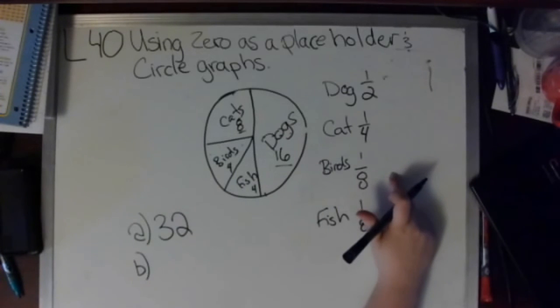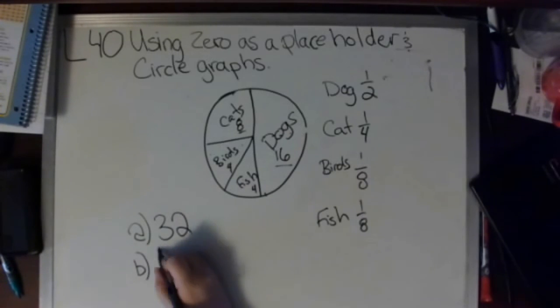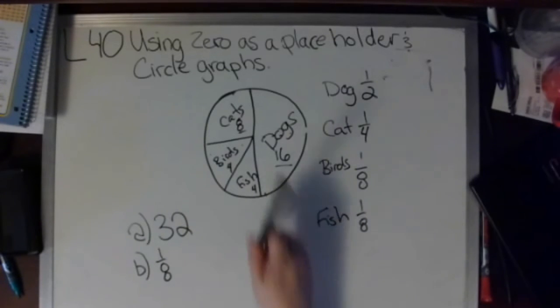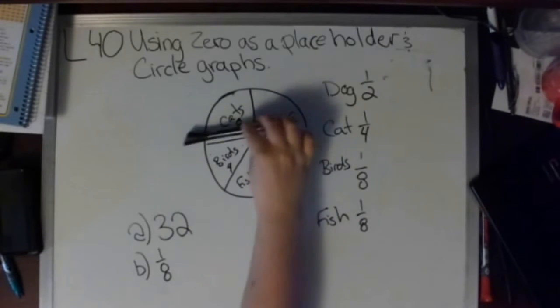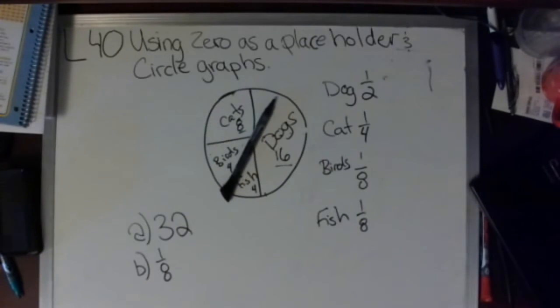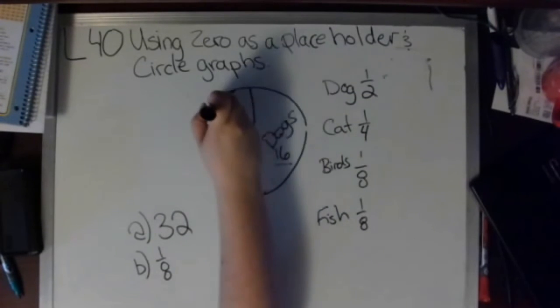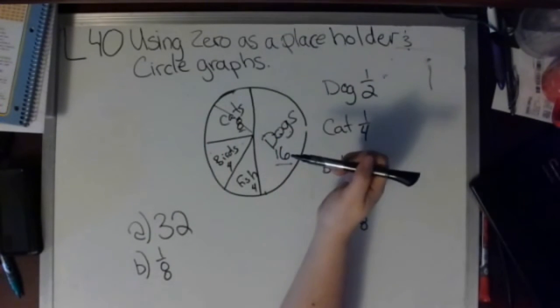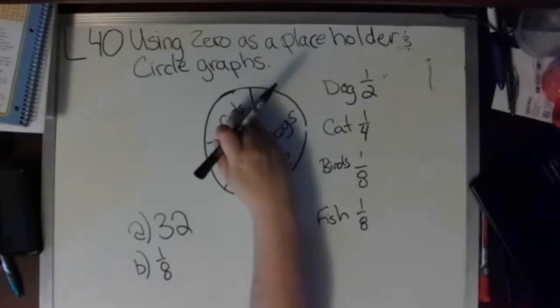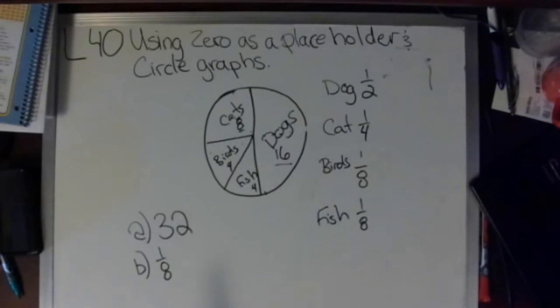Well, we've already figured that out. Birds are 1/8. 1/8 of the circle is birds because we have half, a quarter is half of a half, and an eighth is half of a quarter. So if I take this quarter and split it in half, I would have eighths. And C, what percent of the pets are dogs?